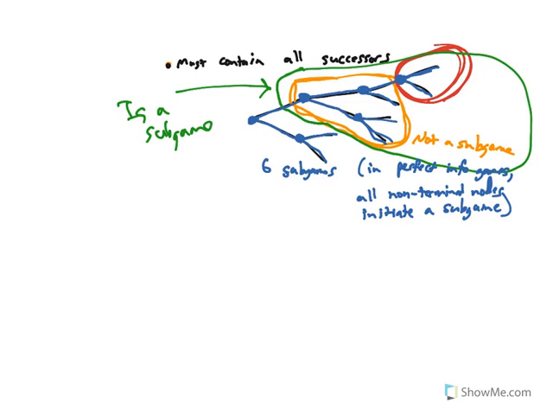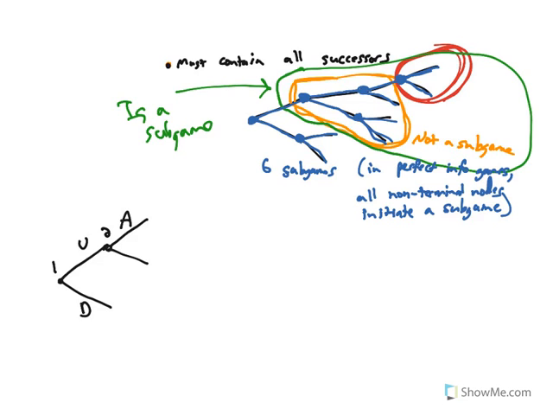One more practice example of just looking at a game and identifying its subgames. This is not going to be a game of perfect information. We want to give practice with games that are not. So here's a game. It starts with player 1.